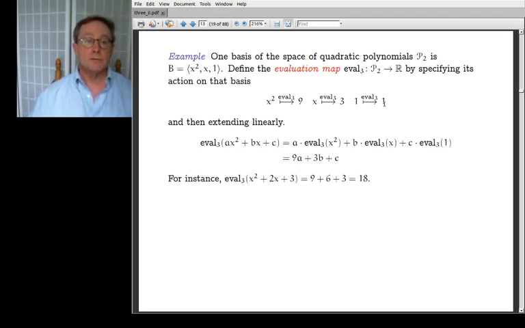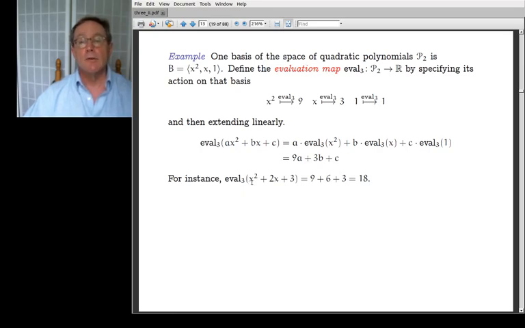And of course, as thinking people, we say to ourselves, well, the 9, the 3, and the 1 were chosen because if you were to plug in 3 into x squared, you'd get 9. If you were to plug in 3 into x, you'd get 3. And if you plug in 3 into 1, you'd get 1. But the linear algebra doesn't care about your motivation for sending x squared to 9, x to 3, and 1 to 1. The linear algebra works the same no matter what you did. So I just extend linearly: eval sub 3 on any quadratic polynomial ax squared plus bx plus c gives you 9a plus 3b plus c.